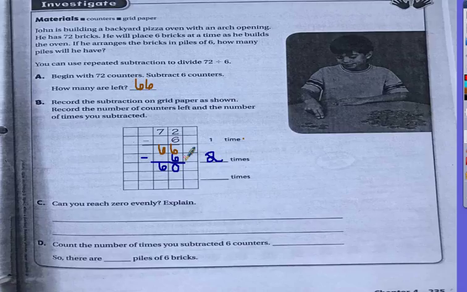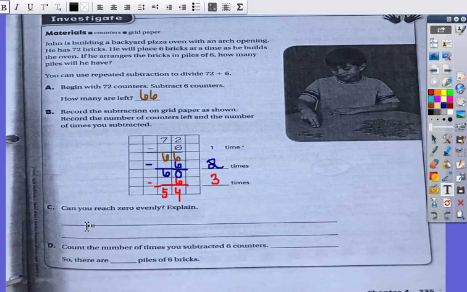So we're at 60 minus another 6, and 54 is going to be your answer here. So then you would have done that 3 times. So can you reach 0 eventually? Yes. I'm going to put yes there.